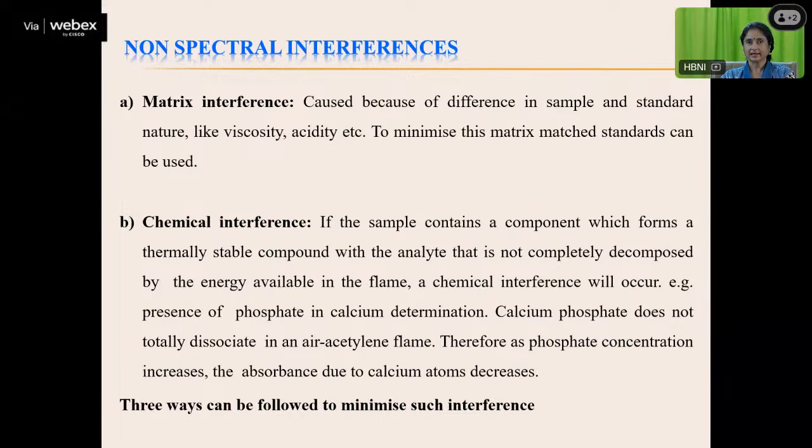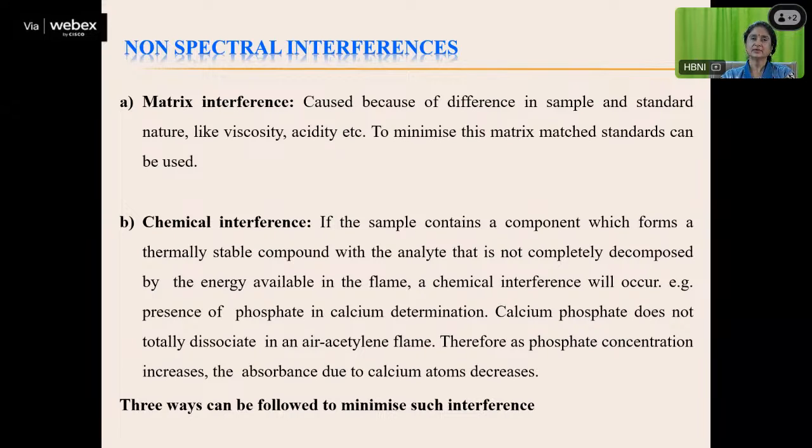You take the standard first, draw a calibration curve, and then your unknown sample is compared to the calibration curve to find the concentration. But when there is a difference in viscosity between sample and standard, and nebulization rates are different, your standard may not correlate with your sample. So to minimize this matrix interference, matrix-matched standards can be used.